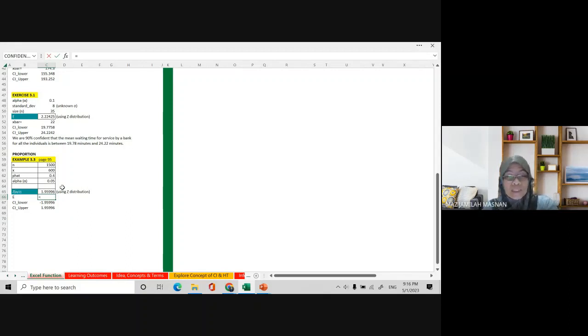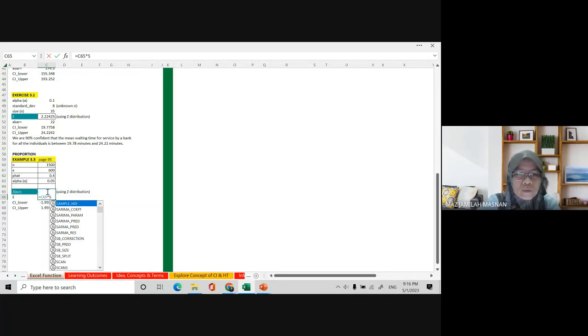At the beginning, it will be a bit messy because I need to explain one by one. Okay, let's begin. We have the Z alpha over 2, multiply, so multiply should be star. And then square root, SQRT. Double click SQRT, then automatically it will give you open bracket.